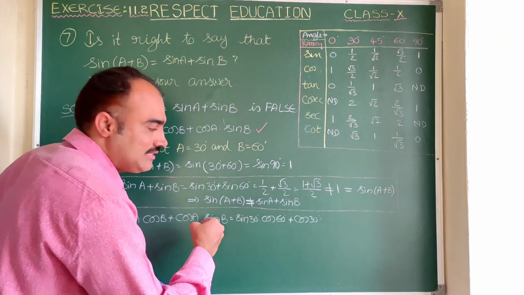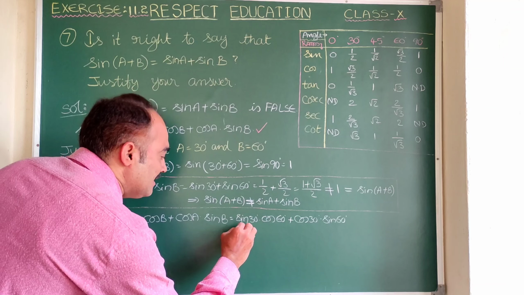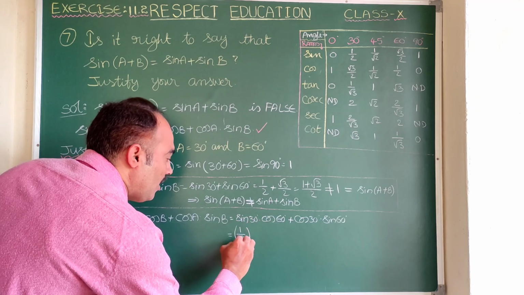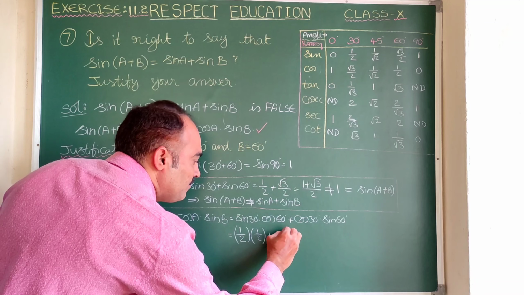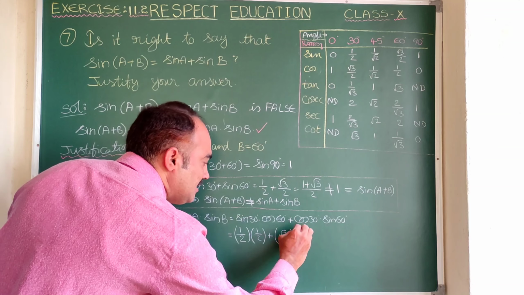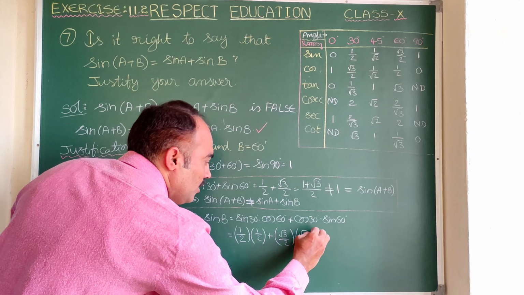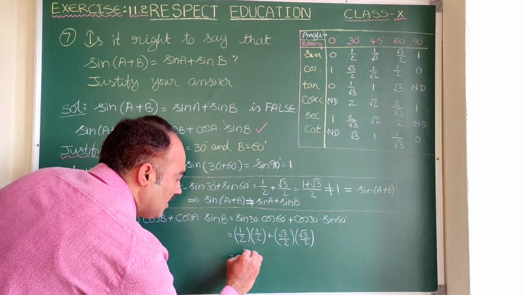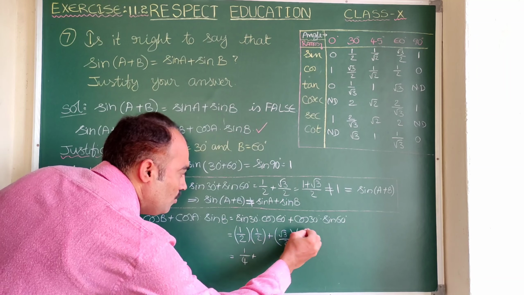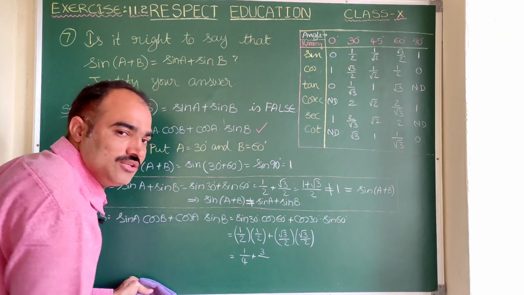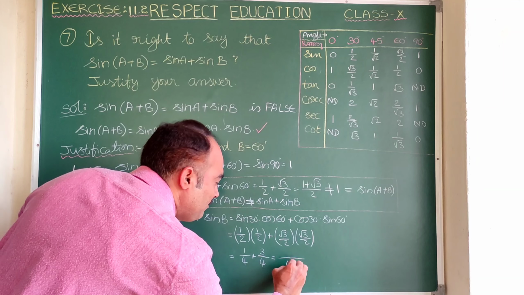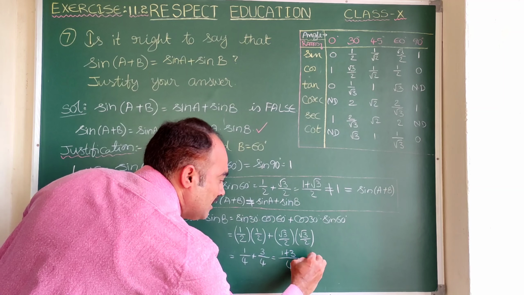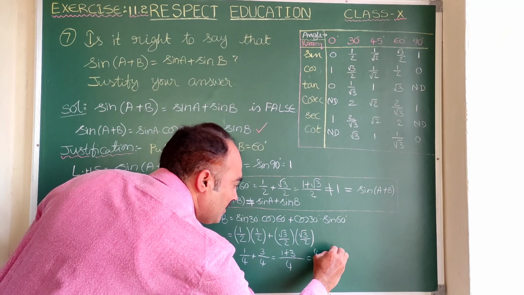Sine 30 is 1 by 2 into cos 60 is also 1 by 2, plus cos 30 is root 3 by 2 into sine 60 is also root 3 by 2. On simplification, 1 by 4 plus root 3 into root 3 is 3, so 3 by 4. When you take 4 as LCM, this is 1 plus 3 by 4, that is 4 by 4, which is equal to 1.